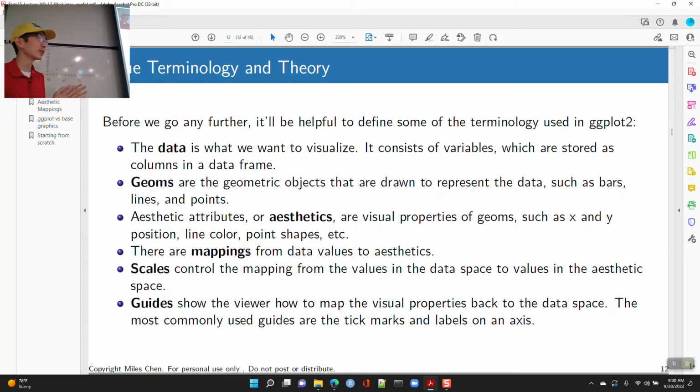Perhaps in your data space, if your numbers go from 0 to 100, then you'd want 0 on one end and 100 on the other. If your values go from 10 to 15, then your scale is going to be different. 10 will probably be your lightest, and 15 will be your darkest, or something like that.